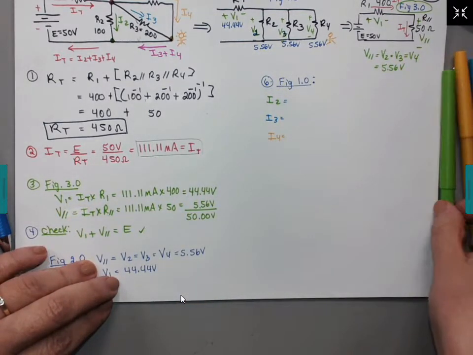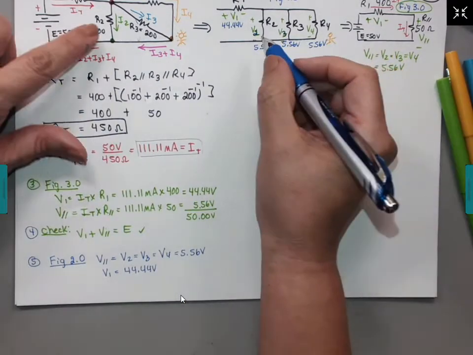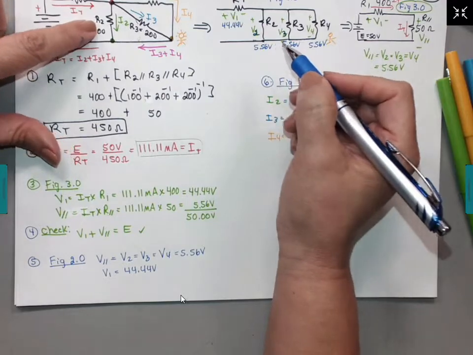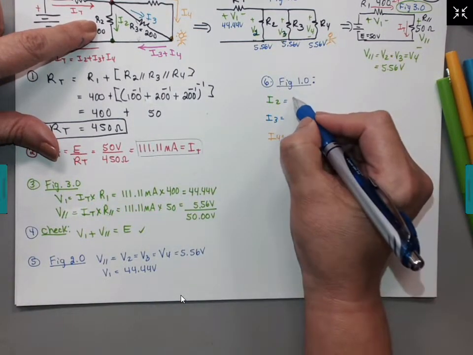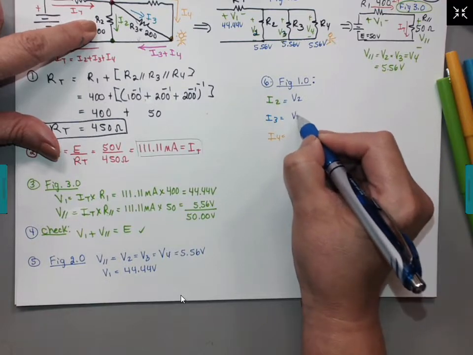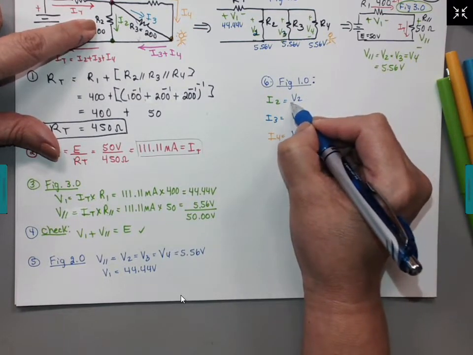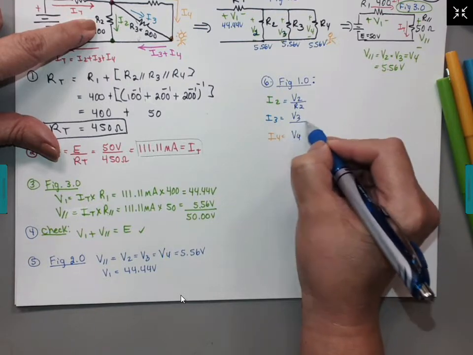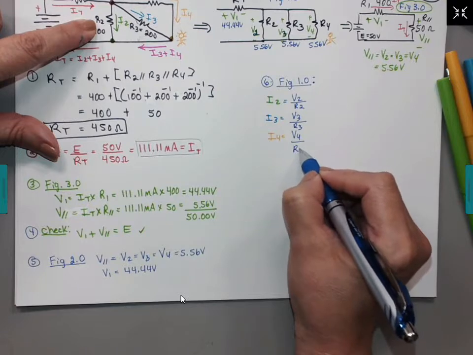So the voltage across I2 is going to be, what is the voltage across R2? 5.56. V3 and V4, we're going to divide it by R2, R3, and R4.